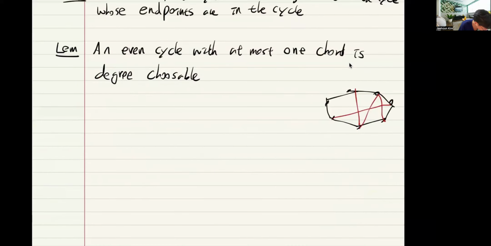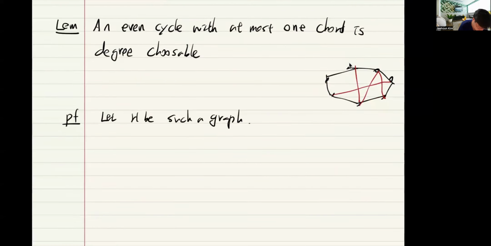This is not difficult to check. Let H be such a graph, an even cycle with at most one chord. Then it is two-connected. It's easy to check that this is two-connected. It's a cycle, a cycle is two-connected, and you add 1 or 0 edges, so it is two-connected.